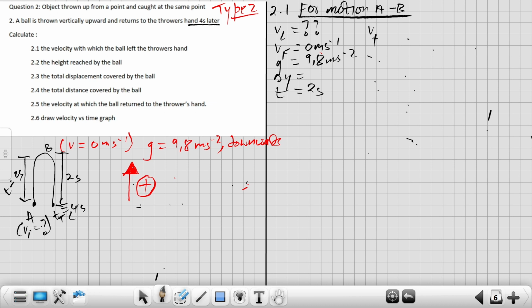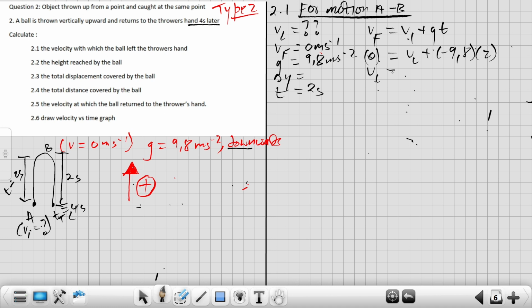One can easily say VF is equal to VI plus GT, which gives us 0. V initial is what we are looking for, plus minus 9.8 multiplied by 2. Remember, the minus is because G is in the downward direction and we chose upward as positive.